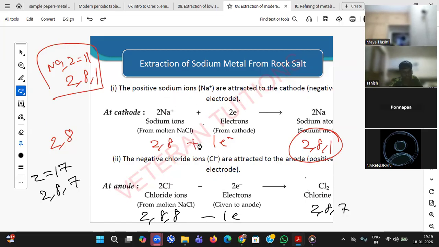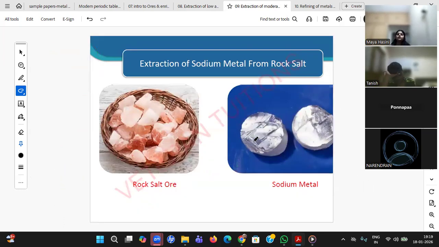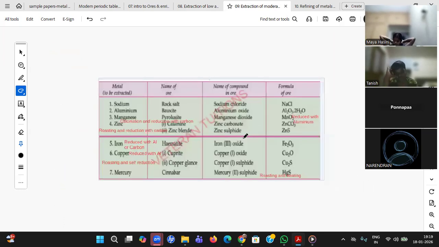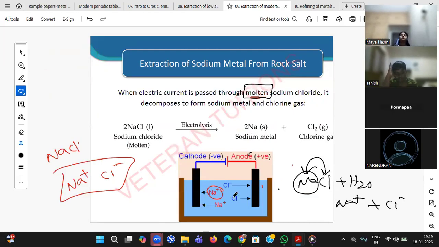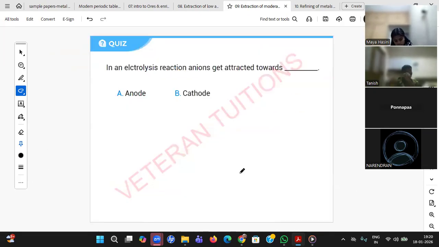Some student has sent me a doubt. Is platinum used because it's inert? I may guess two reasons for platinum. First of all, the boiling point of platinum is high. We are already heating NaCl, so if I use other rods, they may melt. That's the reason they are using platinum, I guess.